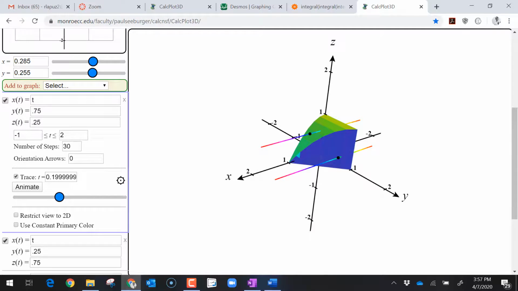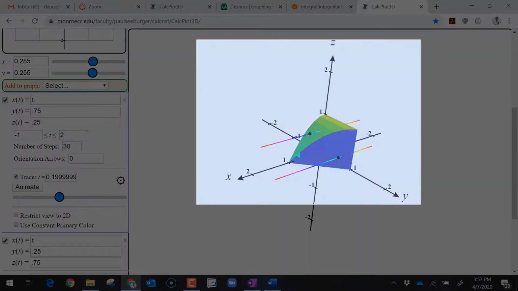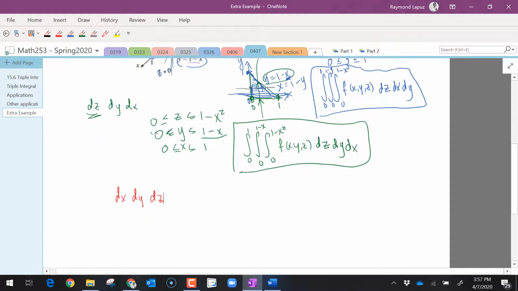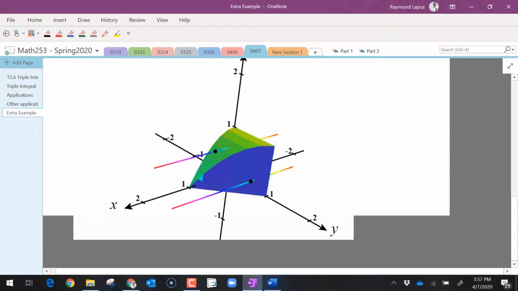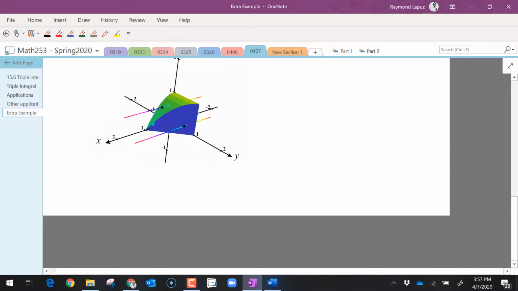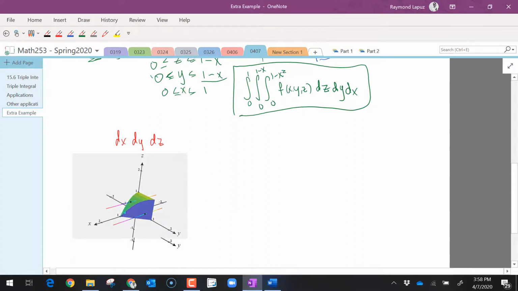So let me get a couple of snapshots of this so I can write it out in our notes, and I have to talk about the issue that we have here. The issue is that when we integrate with respect to x first, we're going to essentially have two different things to worry about.